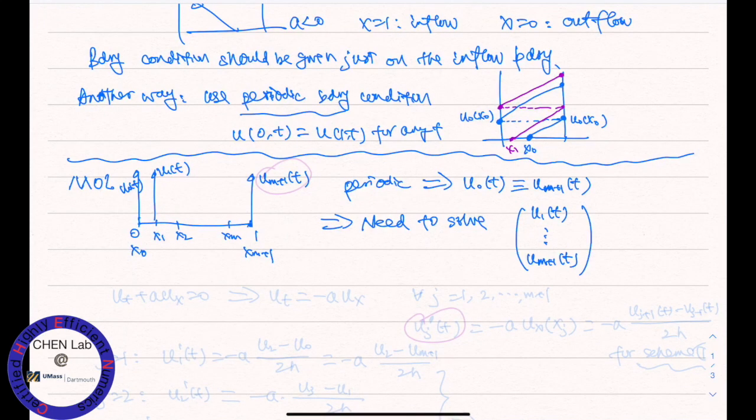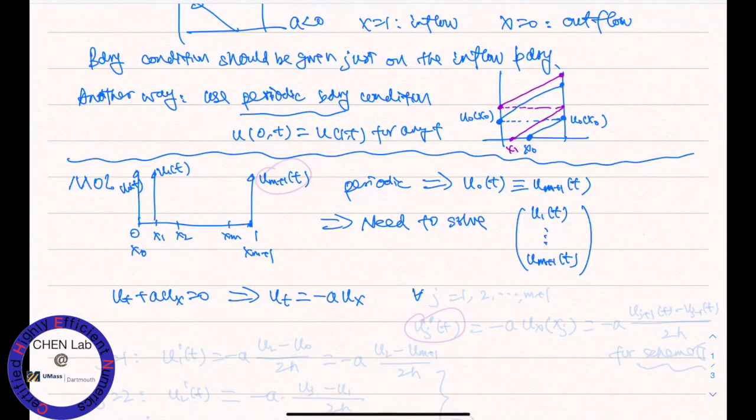How do we proceed with the method of lines? Again, we have u_t + a u_x = 0. That means that u_t is equal to negative a u_x, and what we do is that we're going to see what that means at each location.